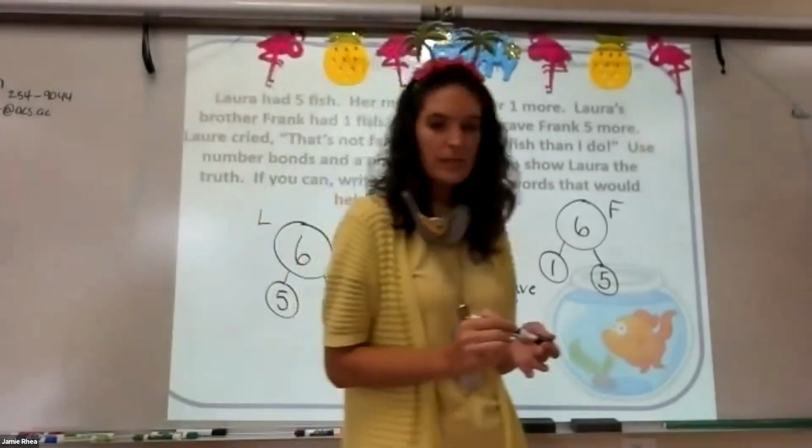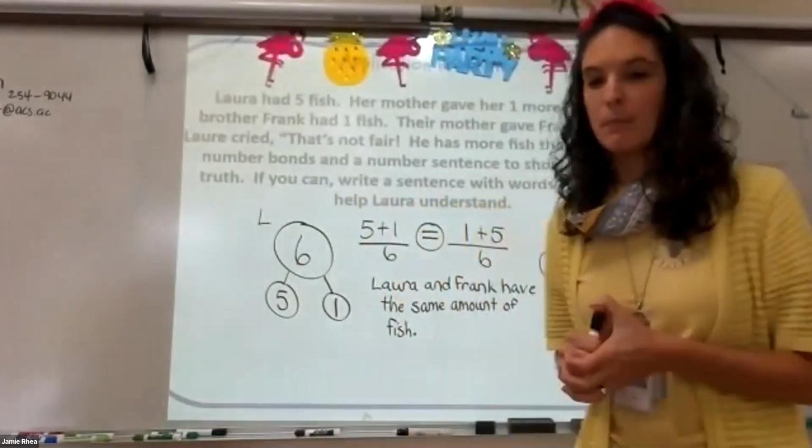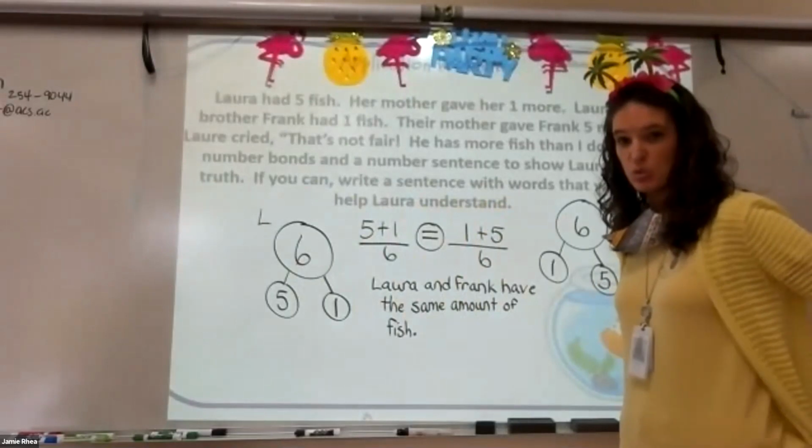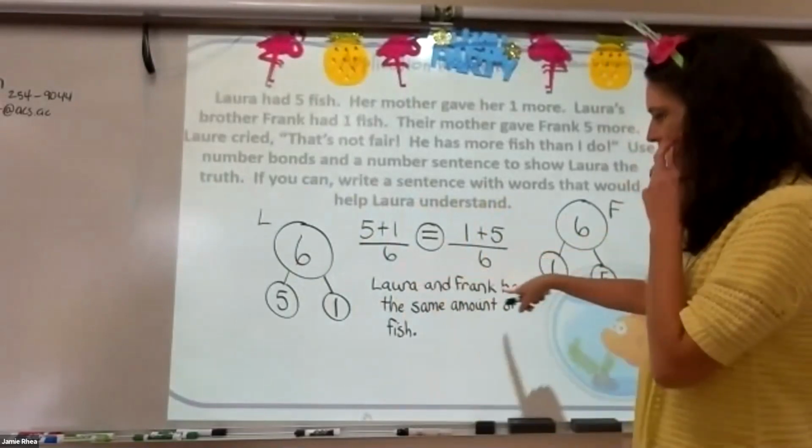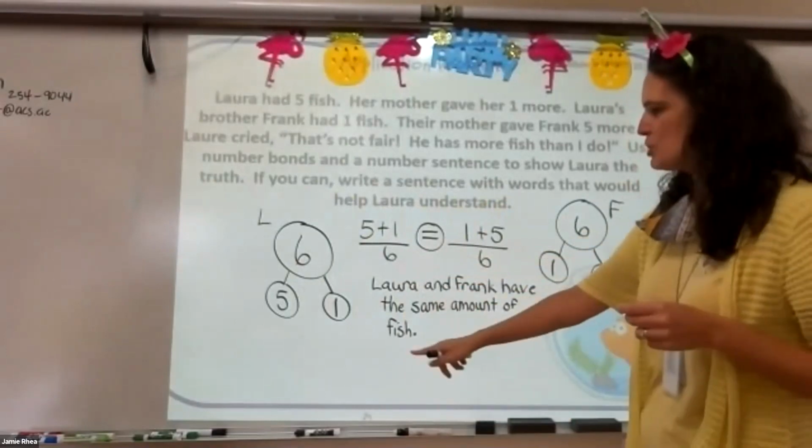Now you can do your best with your spelling. It doesn't have to be perfect. Write what sound you hear when you're writing your sentence. So Laura and Frank have the same amount of fish.